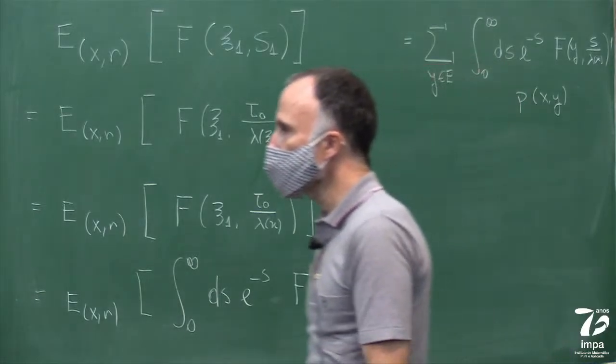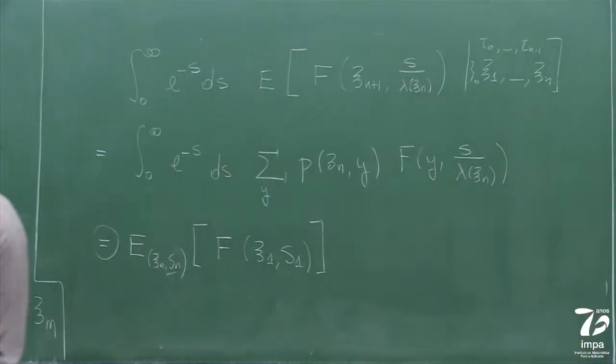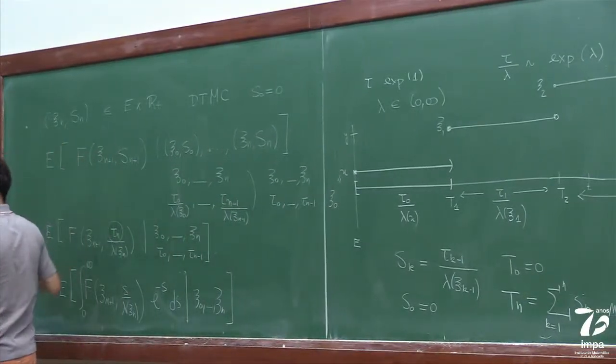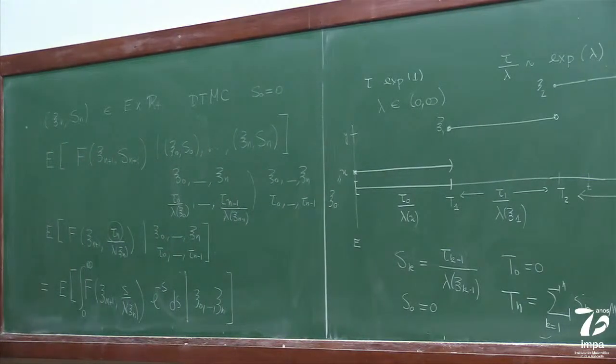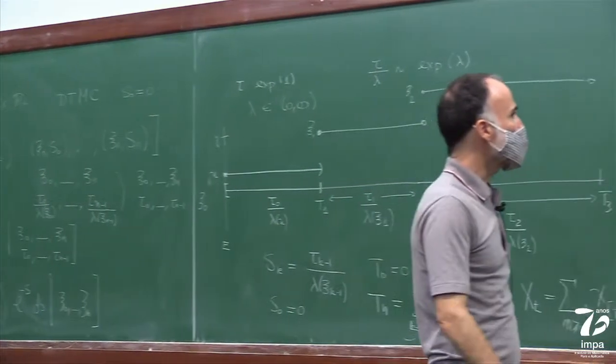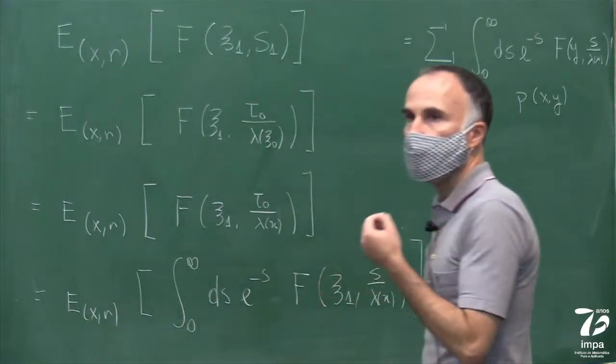And so this proves that indeed the sequence psi n plus 1, or psi n S n, is a Markov chain. And it tells you what is the jump probability of this Markov chain.